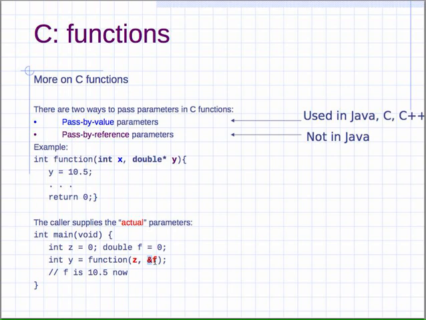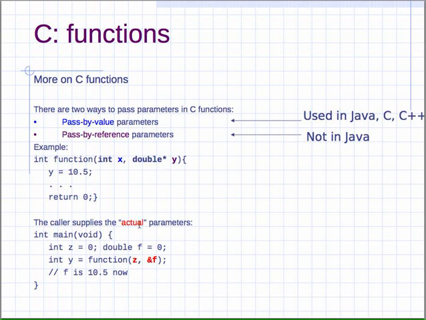Of course, Java doesn't have this ampersand operator, and so you cannot do this in Java. And Java does have pass by value, which is actually all this is. It's just that in C you can get the address of anything you want and pass that to a function. And so that ends up acting like a pass by reference.